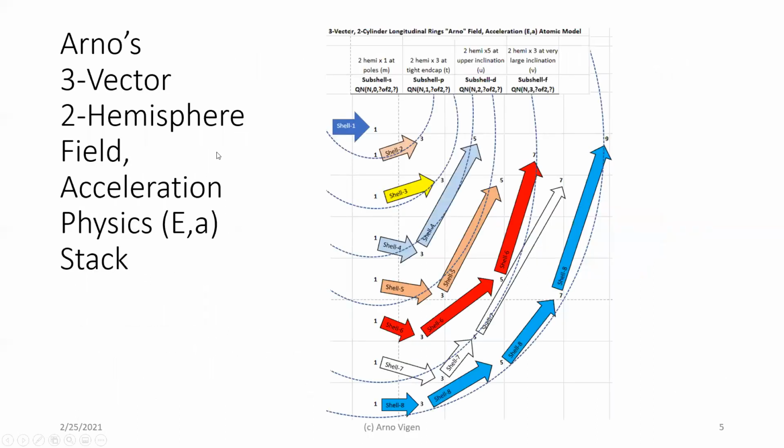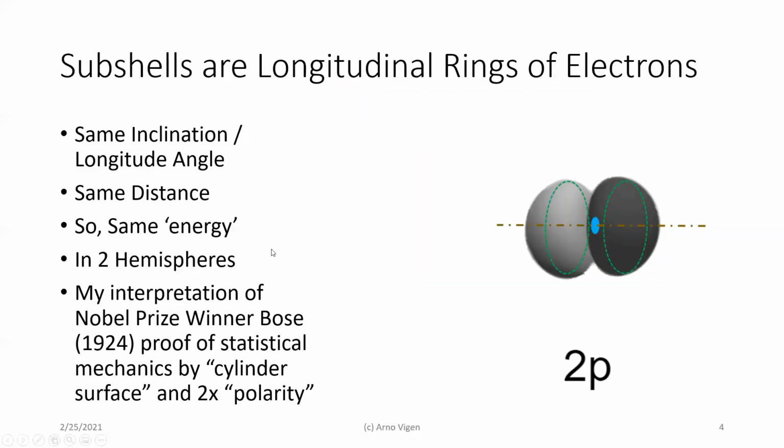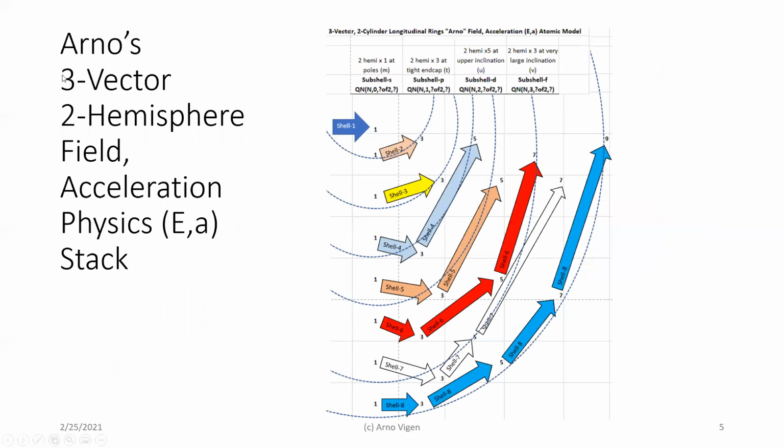So now it gets a little more complicated as you have many layers. It's not this simple set of easy lines, but it's really 3D engineering. It's a 3-vector, 2-hemisphere method of using the field acceleration physics stack. So the first shell, obviously, when you have one on this, and this is the lower hemisphere, and there's another set.